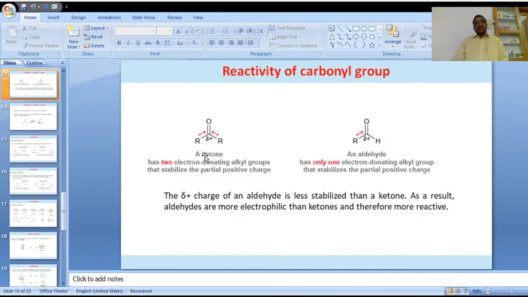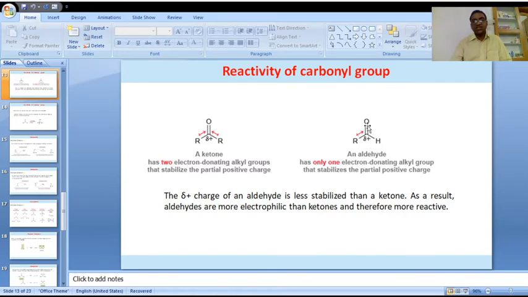The delta positive charge of an aldehyde is less stabilized than in a ketone, because it is attached to only one alkyl group, one electron donating group, on only one side.